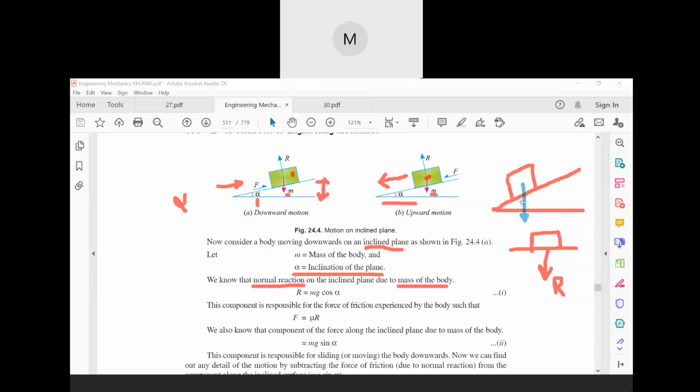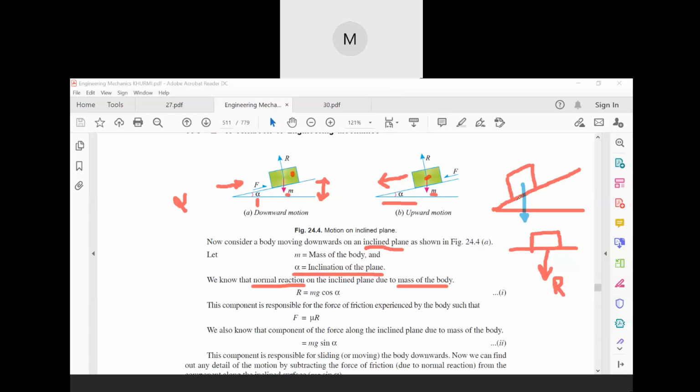So be it inclined or parallel to the ground, in both cases we have the normal direction vertically downwards. So this is the normal reaction of the body.